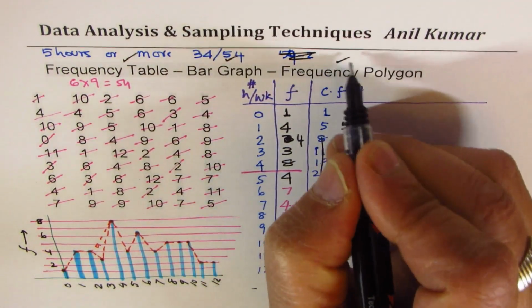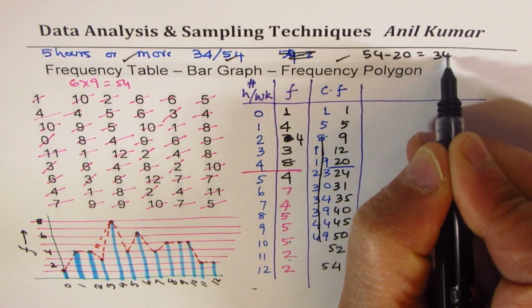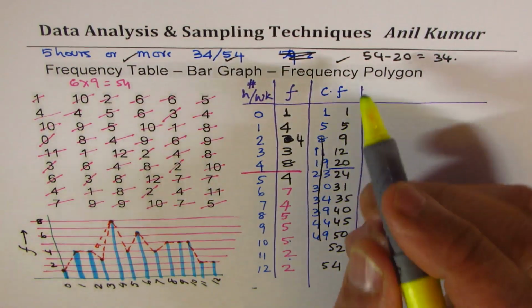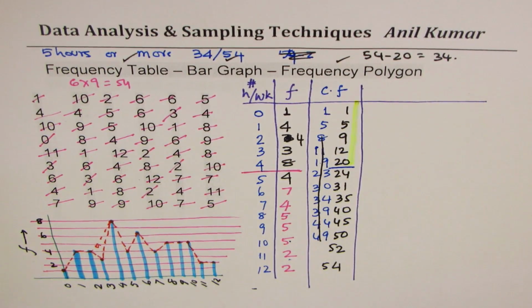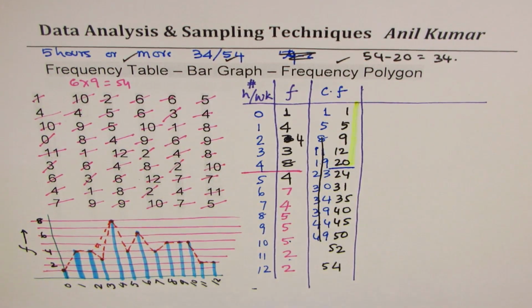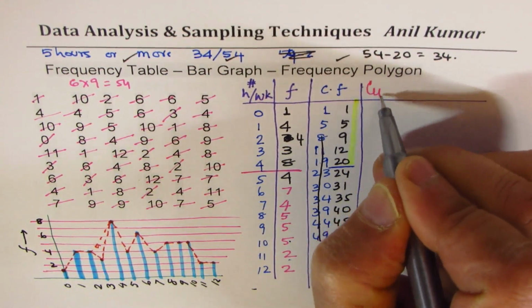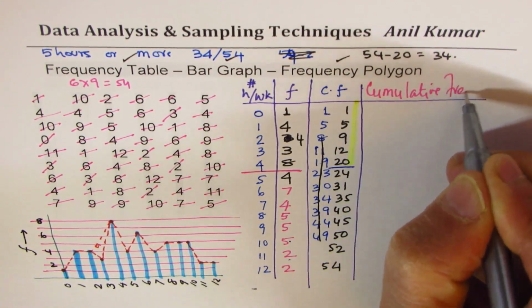So we could do 54 minus 20, so we get 34. Do you see that? We have this number 20 here, so we could use the cumulative frequency graph also to get this number. Now let me extend this to the cumulative frequency graph, since we have the data here. So now I will do cumulative frequency.